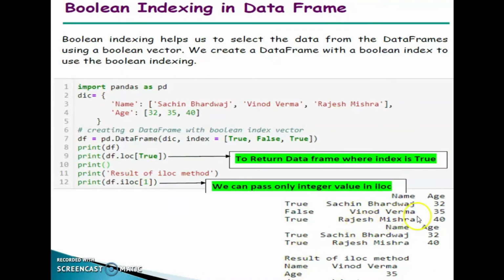False, Vinod Verma 35. Those are all the values we can see by using iloc. Only integer values in iloc we can use. So here 1. Clear? The data type is object. Boolean indexing in data frame. Okay? Clear?